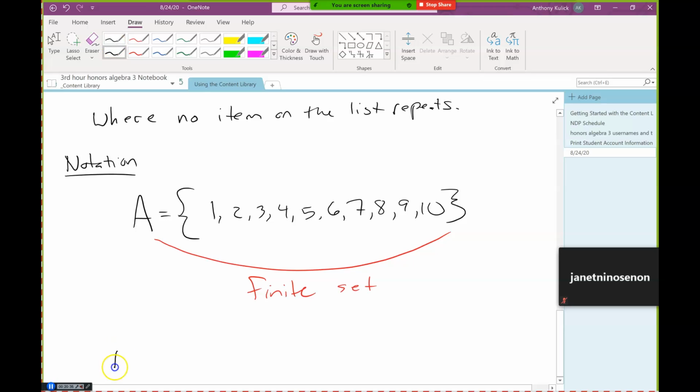What if instead of asking for all the counting numbers between 1 and 10, we wanted all the numbers between 1 and 10? What's the difference there? We're including the decimals, right?